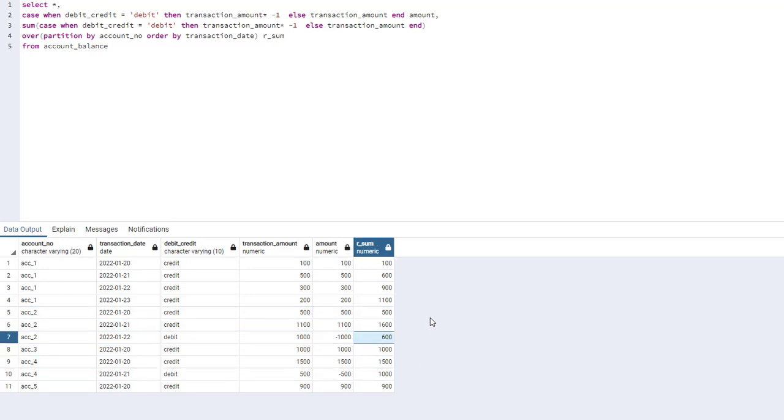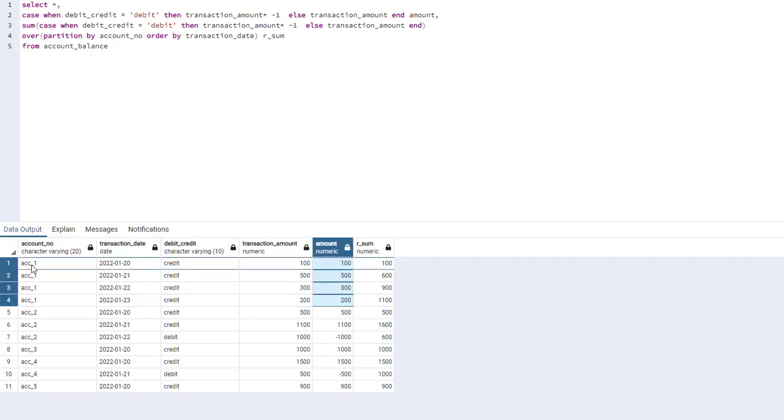Okay, now the second thing that we need is the balance, the current balance of the account, which is the total sum of each account number. So basically it's almost the same as this, but without the running sum.